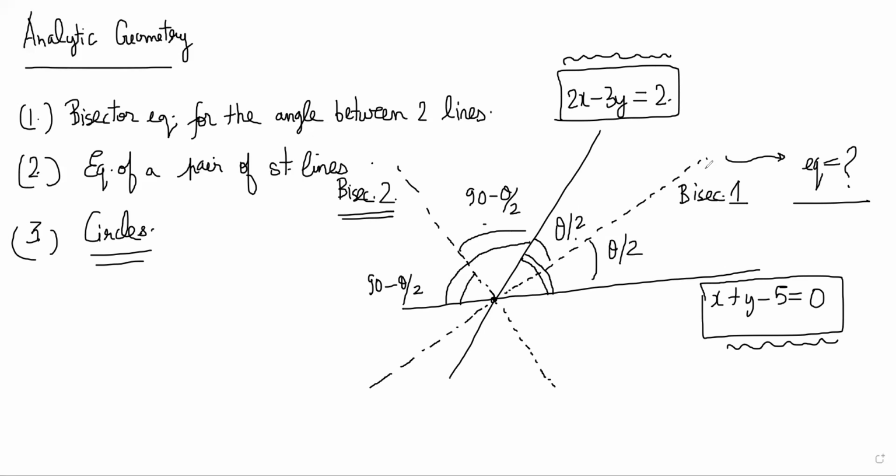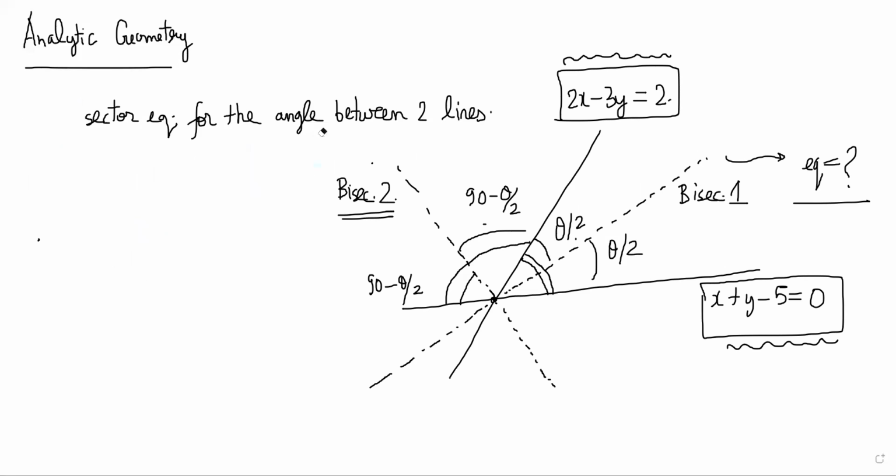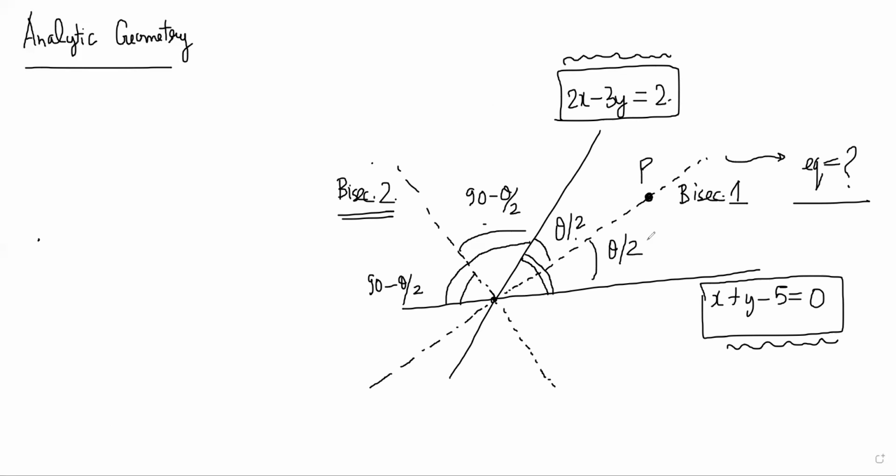Okay. So the idea here is a geometric idea that any point lying on a bisector is going to be equidistant from the two straight lines. So what I mean by that is, if I have a random point here, P, right?